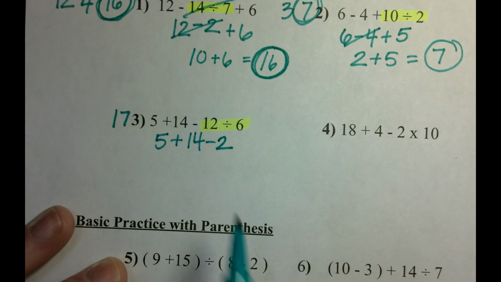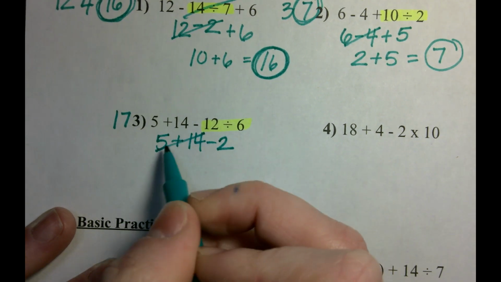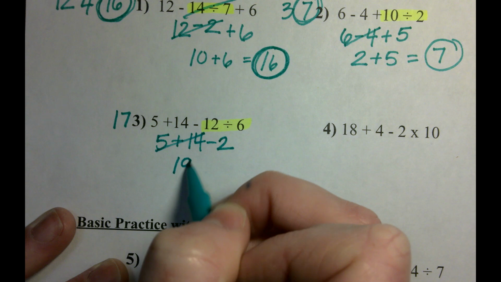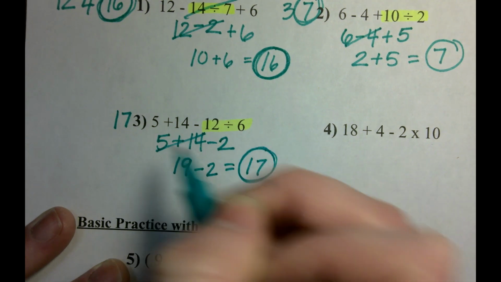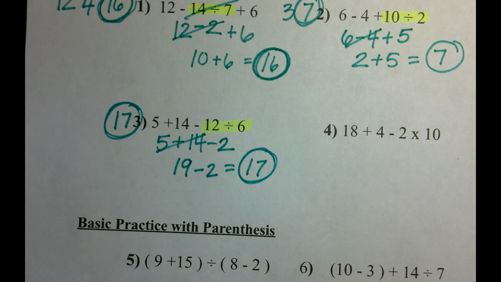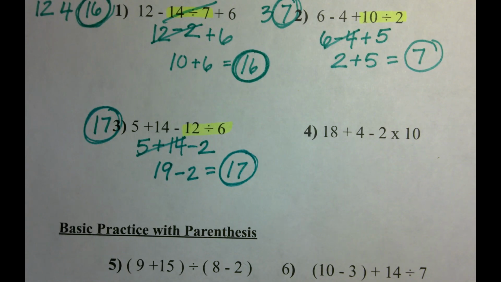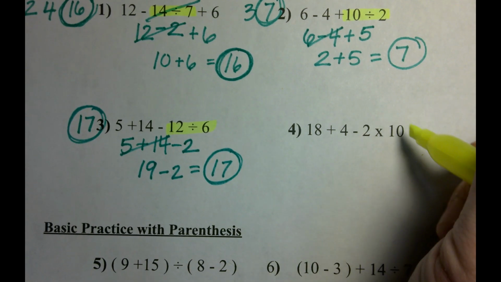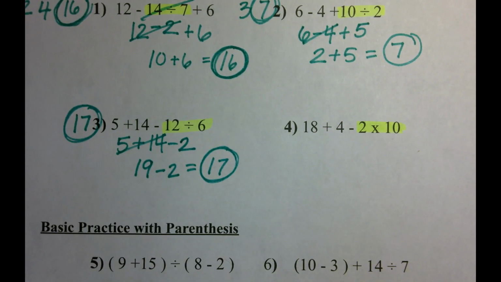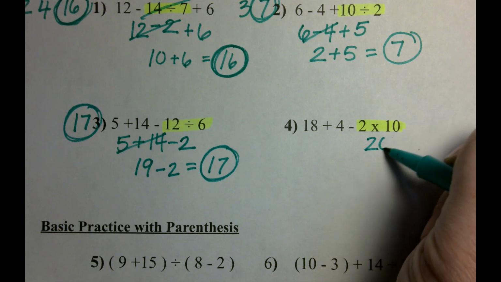5 plus 14 is 19. Minus 2 is 17. That is correct. Very good. Okay, last one of the basic practice. What do we do first? Multiplication. 2 times 10 is 20.